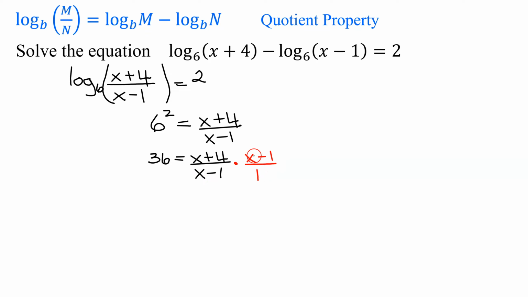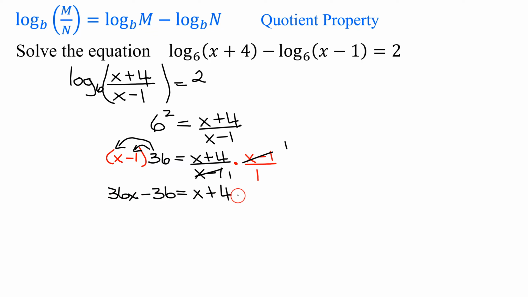And since I multiply the right-hand side by x minus 1, I have to do the same on the left-hand side. And then on the left-hand side, distribute in the 36. So 36 times x is 36x, minus 36 times 1 is 36, equals my x minus 1's reduce on the right-hand side, and I just get x plus 4.